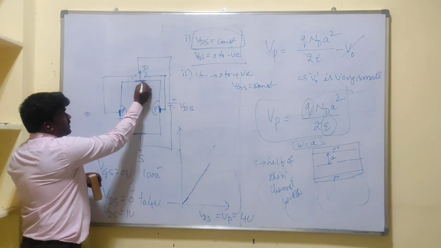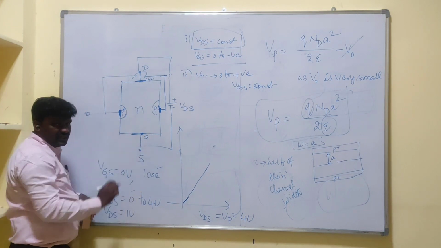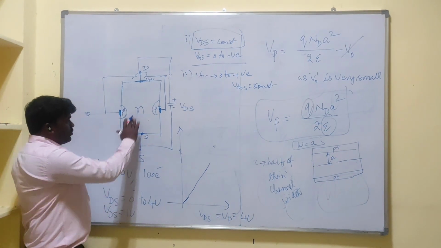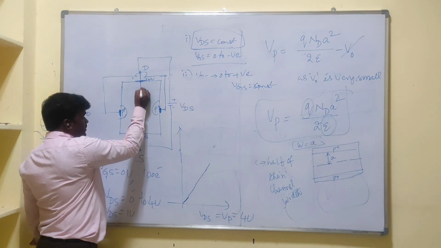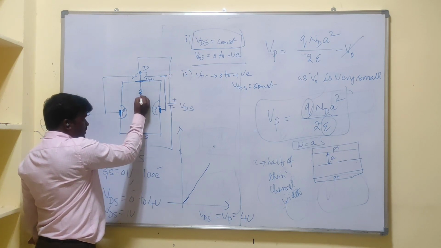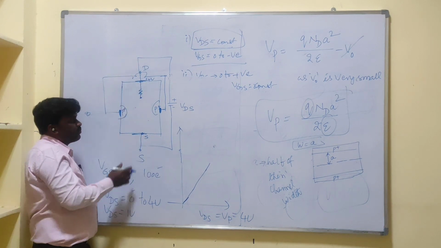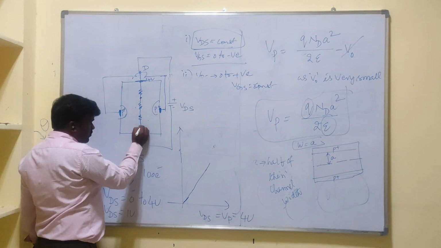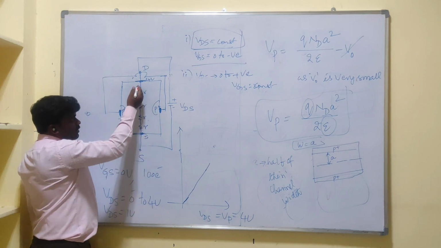In that case here we have 4 volts at the drain end, and at the source end it is 0 volts. And these 4 volts will appear as the drop across the channel. Let us take uniform resistance. That means I am dividing this length into 4 parts, 1, 2, 3 and 4th part, and each one has the same resistance R. And what about the drop here?